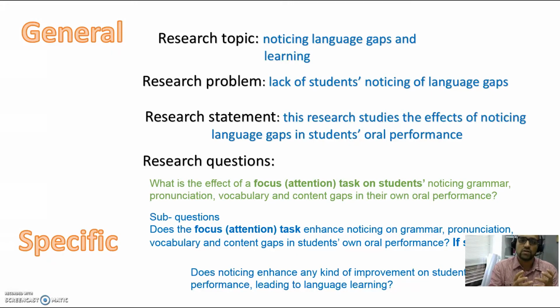Students do not notice in my context, and this is related to the discussion; students don't do it, and that affects oral production. So the research statement, which is the way I finished the research problem, the whole paragraph, was: this research studies the effect of noticing language gaps in students' oral performance. And then I continue saying something else, but that's the key.